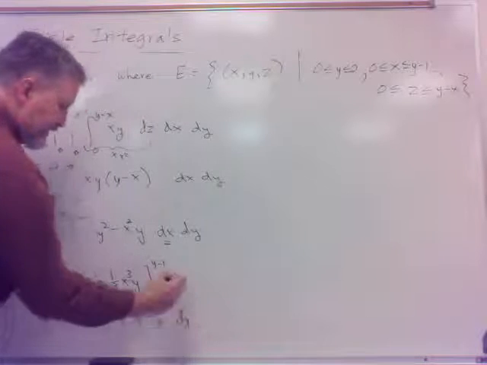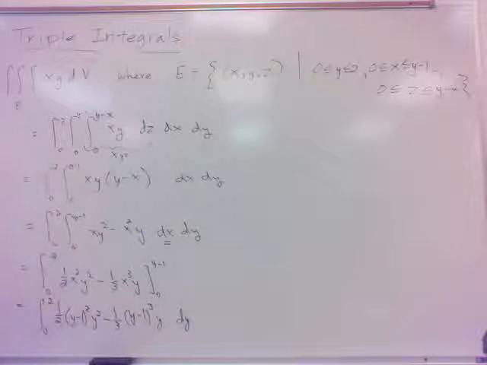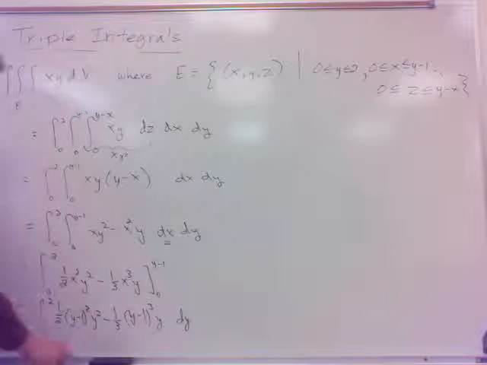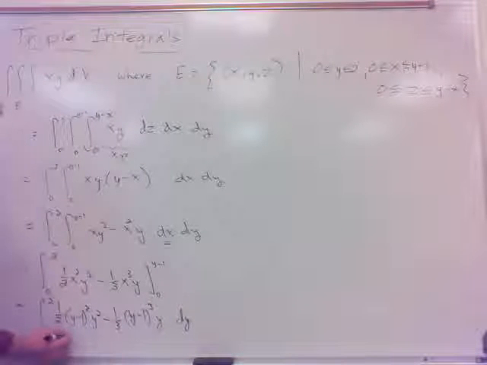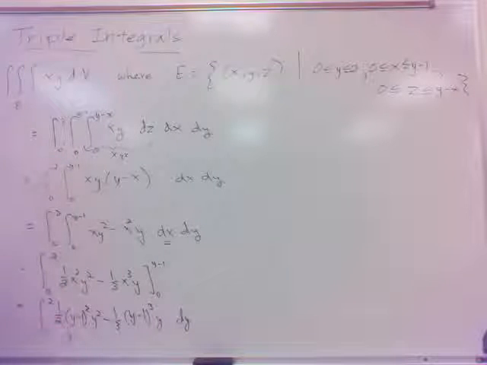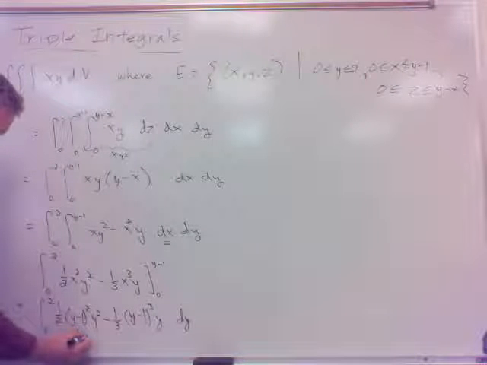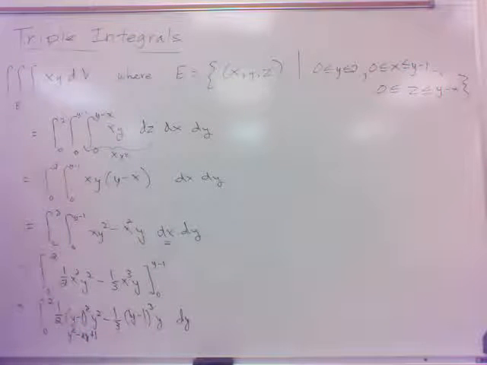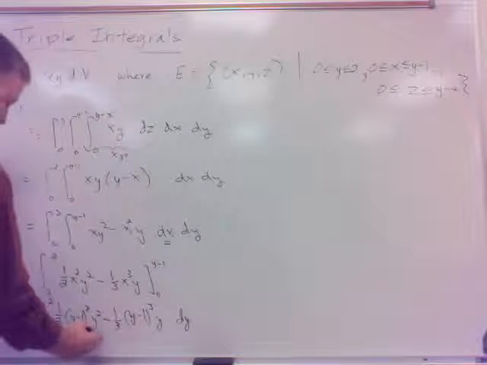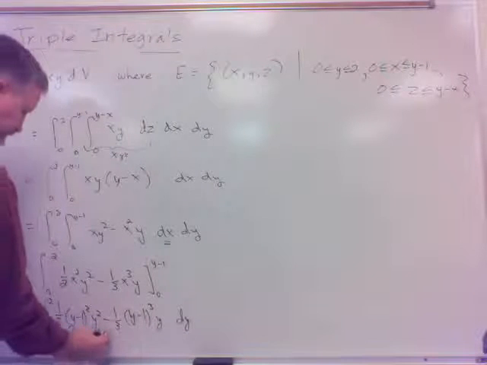We want to integrate that with respect to y, so a little multiplying is in order here. This would be y squared minus 2y plus 1 times y squared.